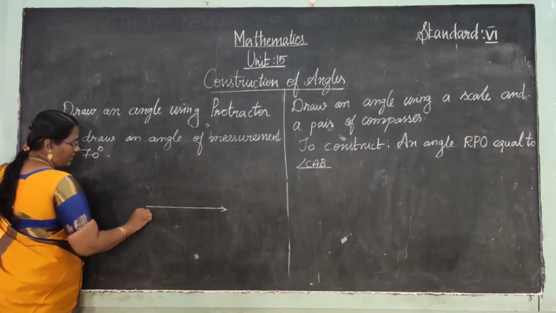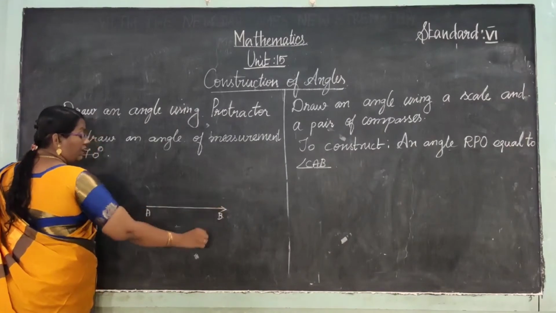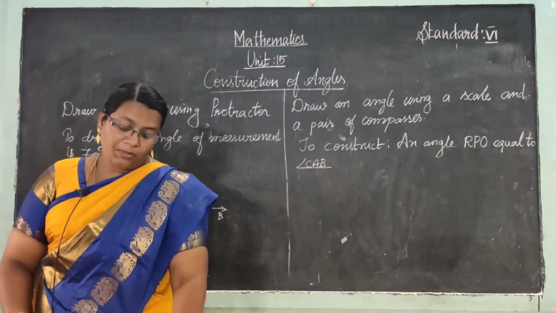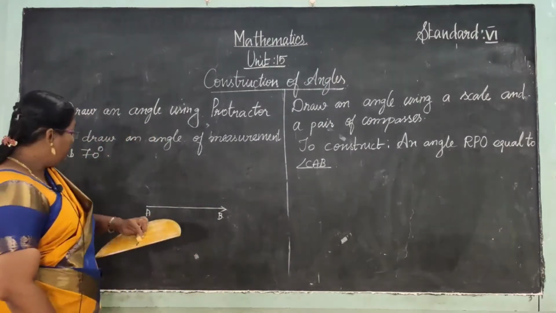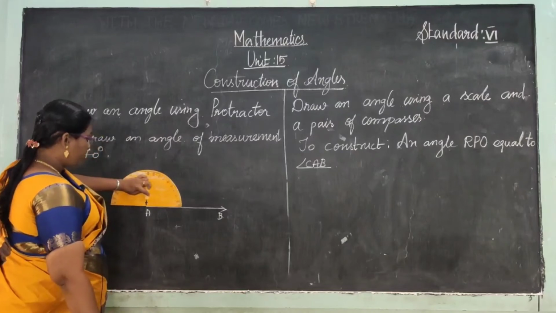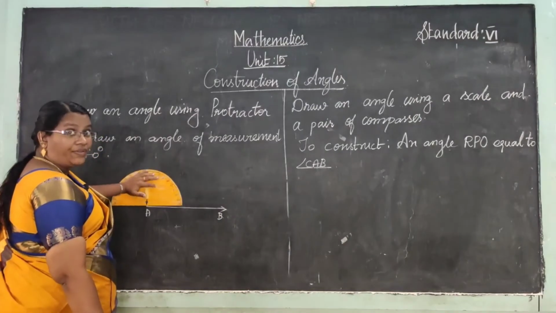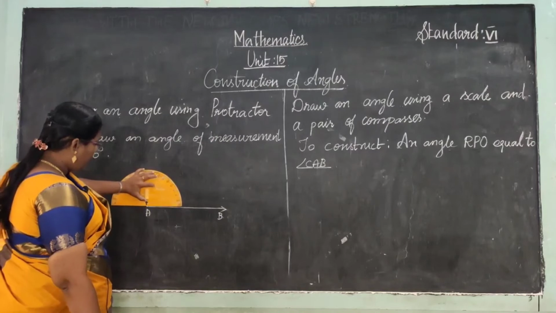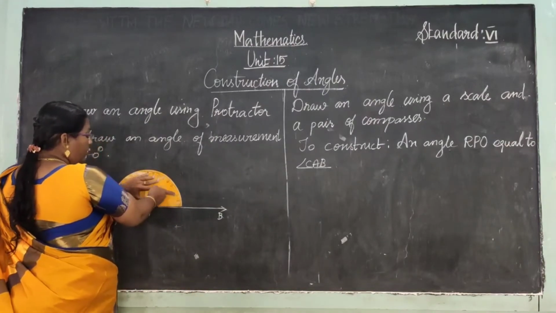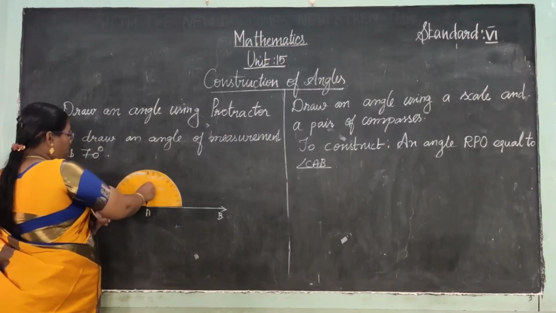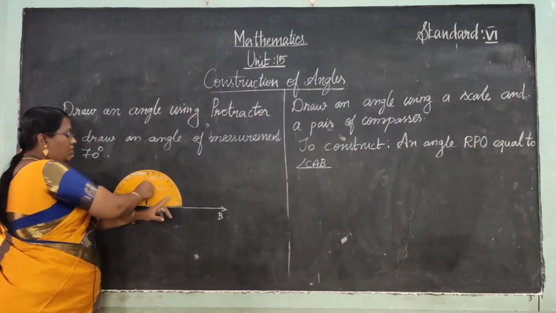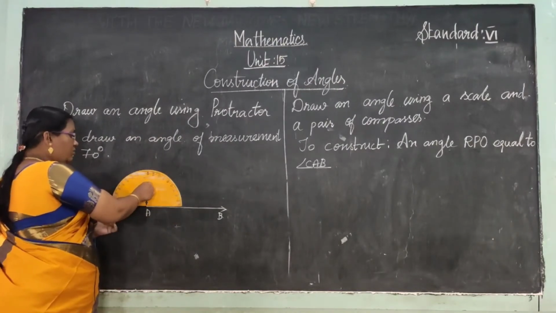This is denoted by A, here B. Now using the protractor, place the center of the protractor at A. The protractor has both sides with angles from 0 to 180 and 180 to 0.